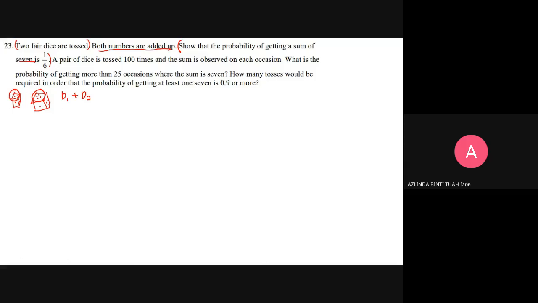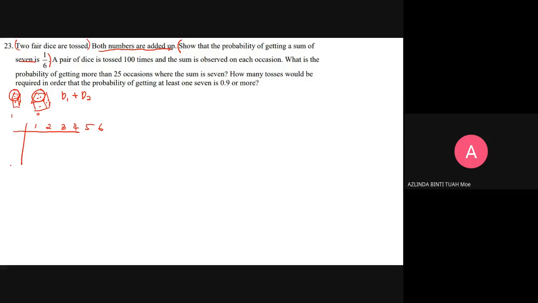Banyak possible, there are 36 possible outcomes bila saya baling kedua-dua dadu. Might be I can get 1, 1, 1, 2, 1, 3, 1, 4, 1, 5, 1, 6. So better we construct table to see all the 36 outcomes. So let's say these are the outcomes from dice 1: 1, 2, 3, 4, 5, 6.